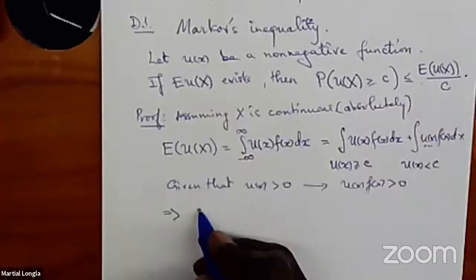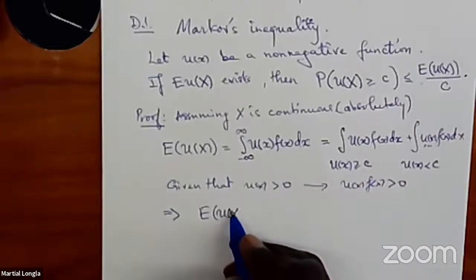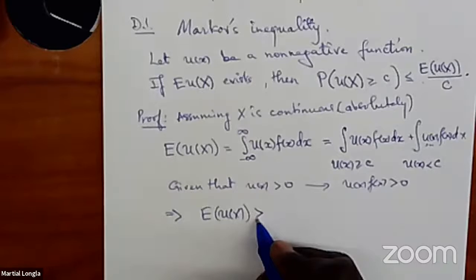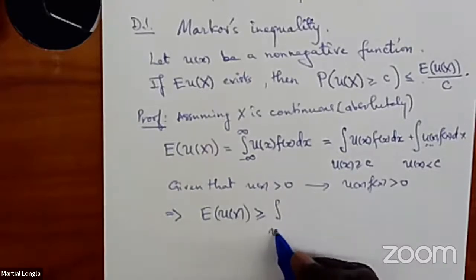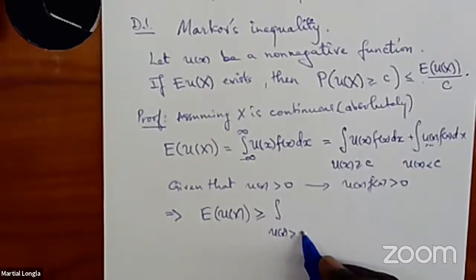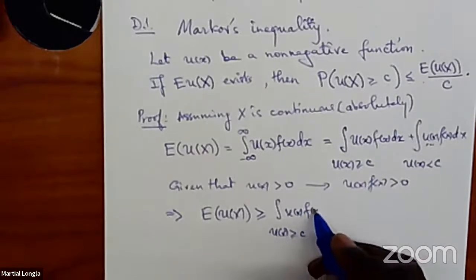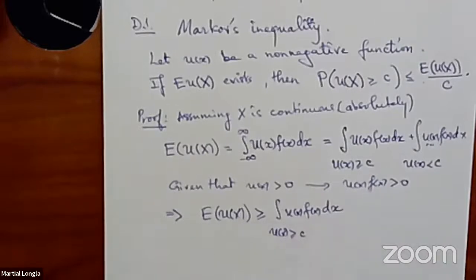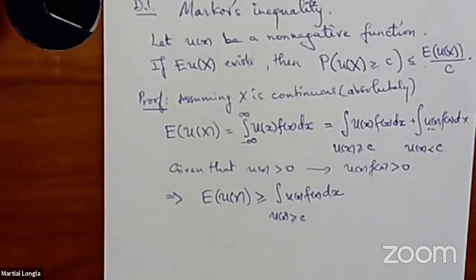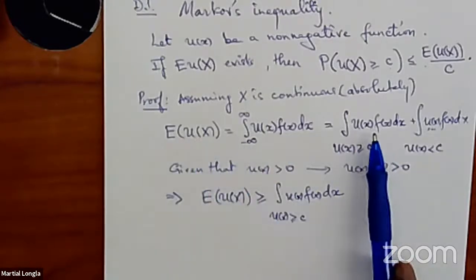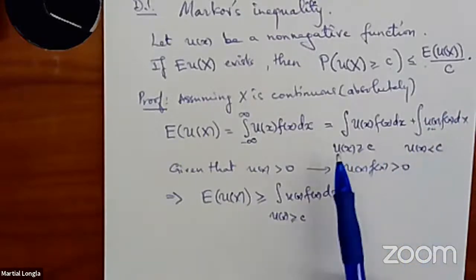And that implies that the expected value of u of x is larger than or equal to the integral over u of x larger than c of u of x f of x dx. Are we in agreement? Because the expected value is equal to this plus something positive, then it's larger than that.